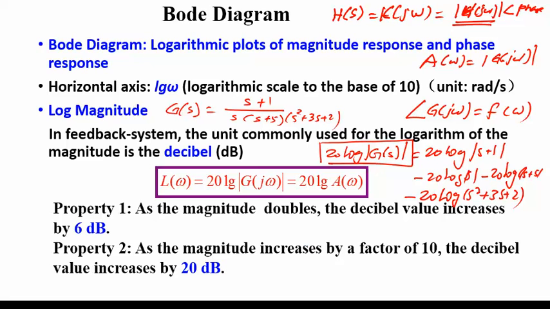Okay, and as for the magnitude, suppose we double it, so A1 of omega is 2 times A of omega.